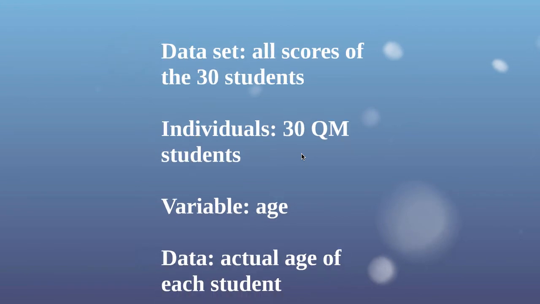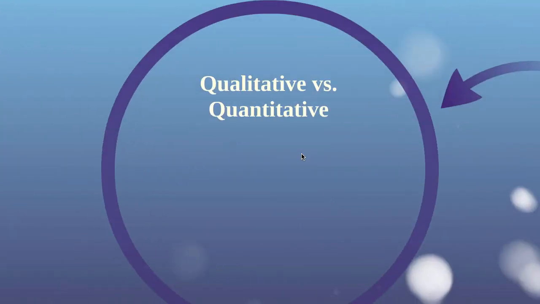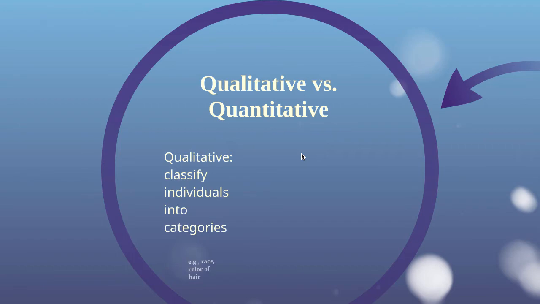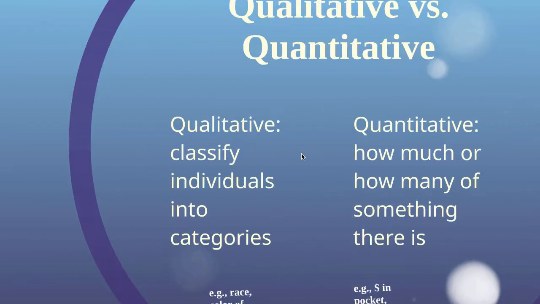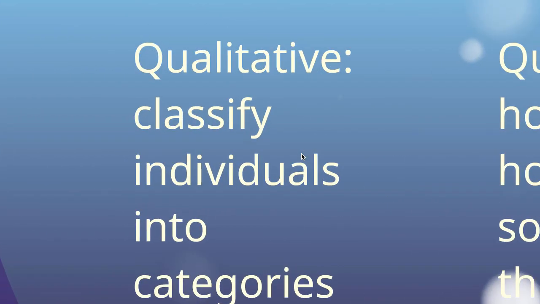Okay? So next, we need to understand the difference between the 2 main categories of variables, which are qualitative and quantitative variables. Starting with qualitative, there's a term built in, the term quality. So we are trying to determine the quality of something, or another way to put it, we're trying to classify individuals into specific categories. So that's a qualitative variable.